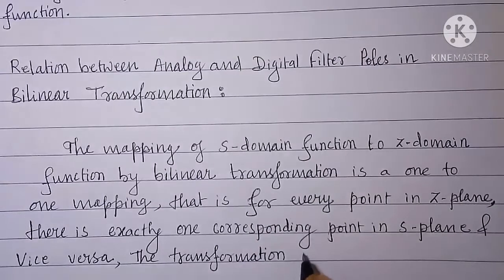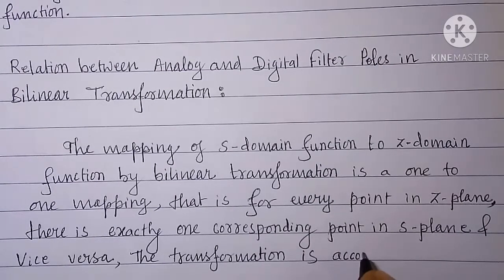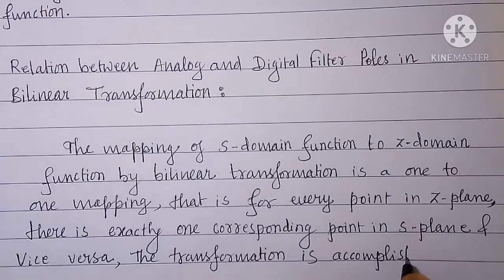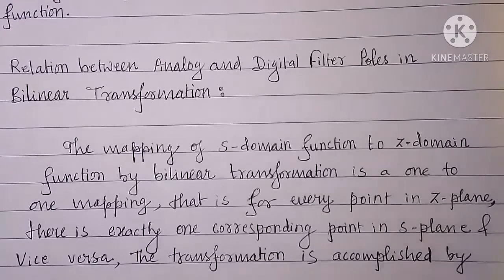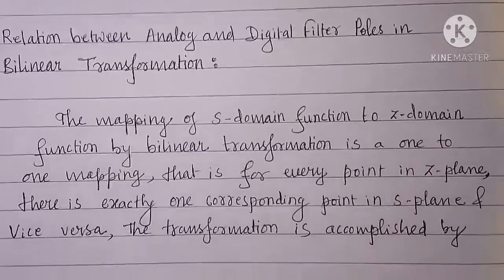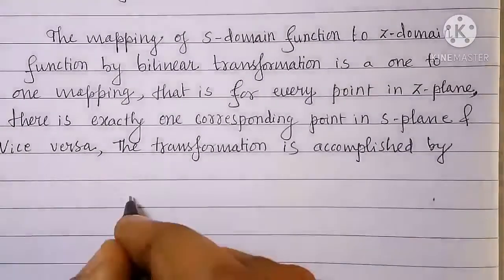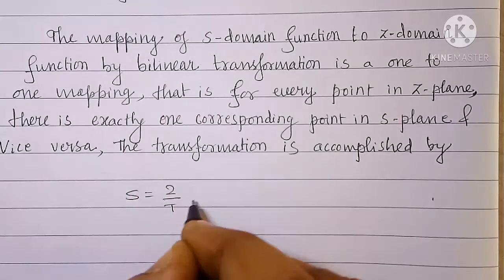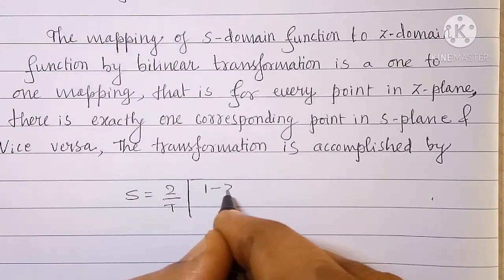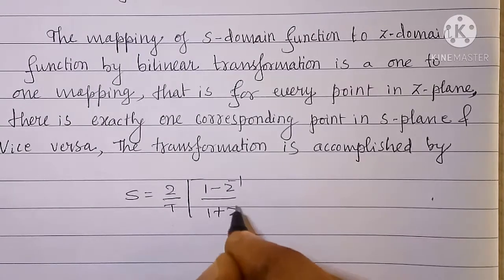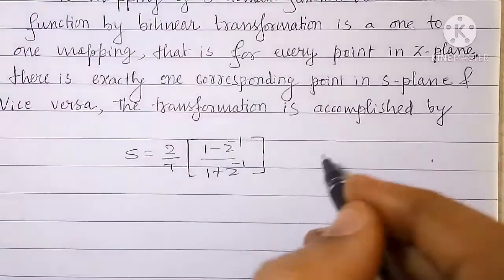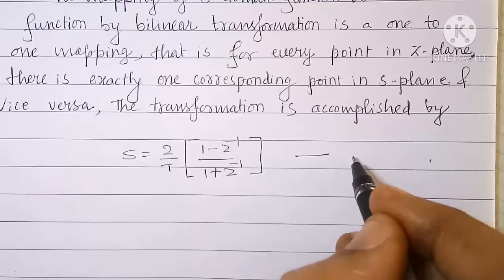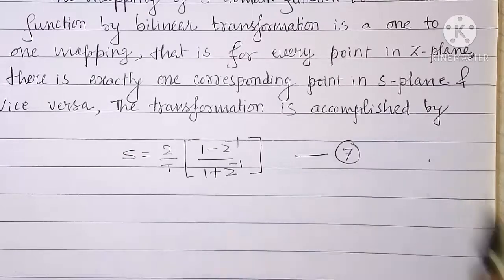The transformation is accomplished by S equal to 2 by T into (1 minus Z raised to minus 1) upon (1 plus Z raised to minus 1). Let us call this equation 7.